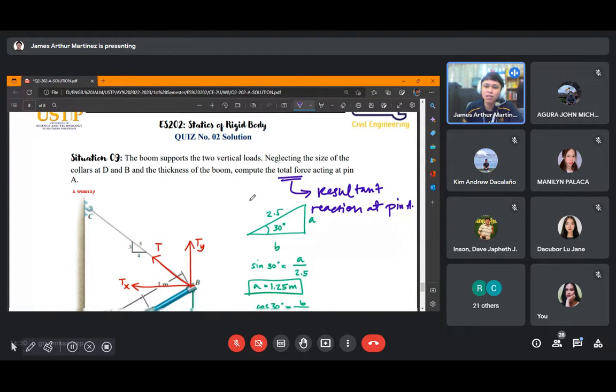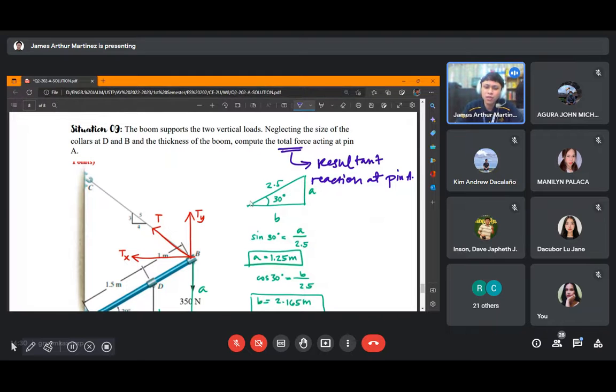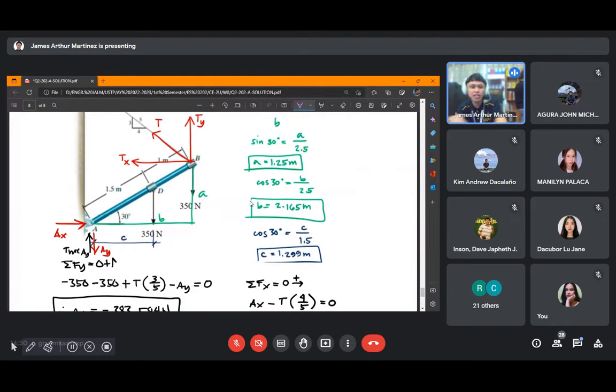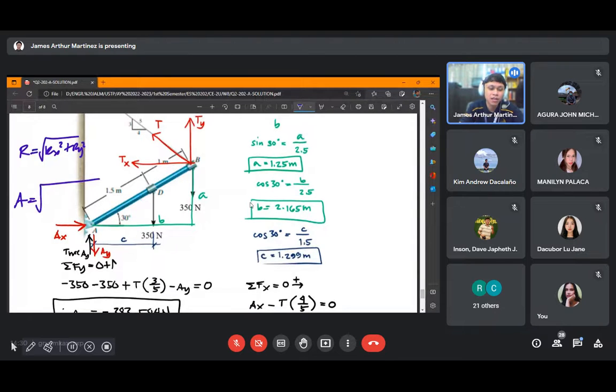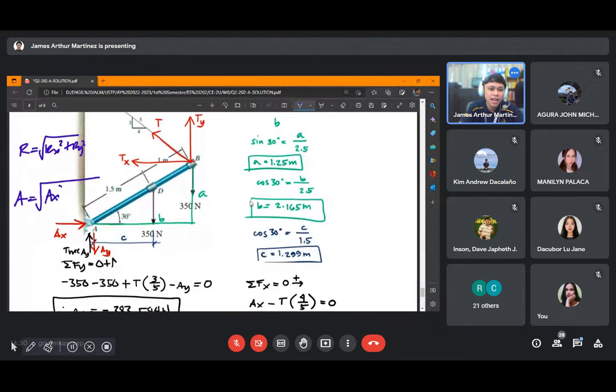Okay? So if we have a resultant reaction at pin A, how do we solve for it? The resultant force is just equal to the square root of Rx squared plus Ry squared. So in this case, with Ax and Ay, it is the force at A that we are looking for, the total reaction at A. So in this case, Ax squared plus Ay squared.